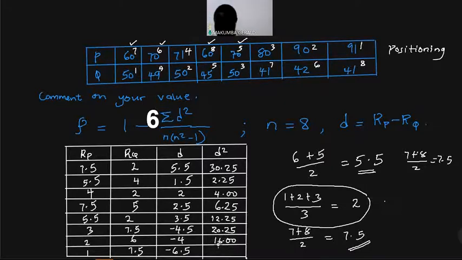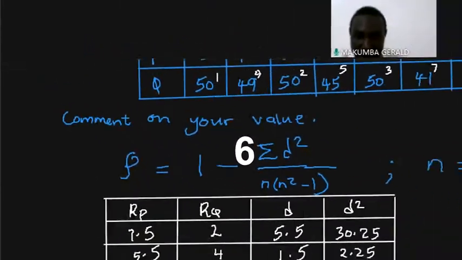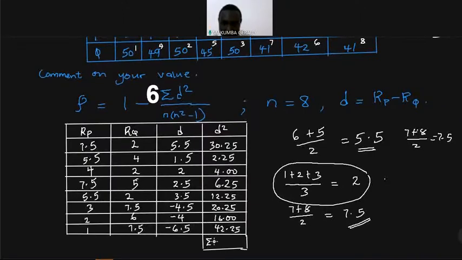Square 6.5, you're going to get 42.25. Right. Next, we are going to get the summation of this squared. When you add all these values, we are going to get 133.5 as our answer.